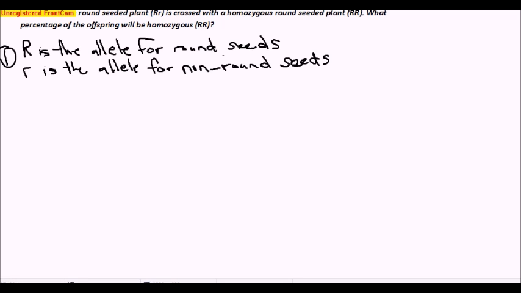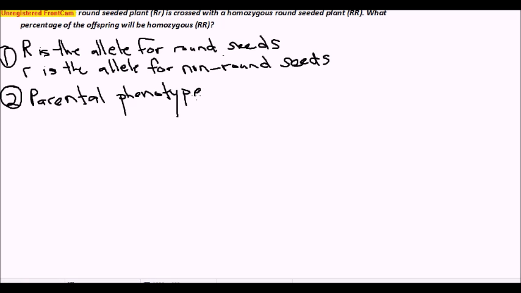The next step is reading the question again. So when it's telling you that a heterozygous round seeded plant is crossed with a homozygous round seeded plant, basically here we are talking about the parents. So parental phenotype, as you know, phenotype is the physical characteristic.